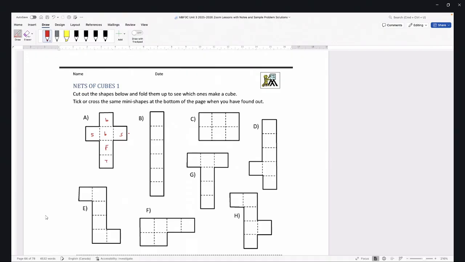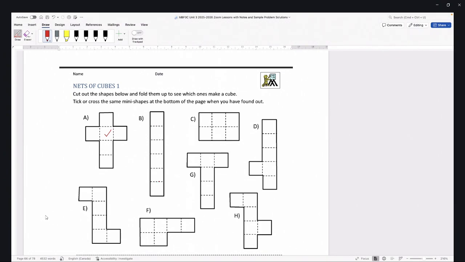So if I fold it up, fold it up, fold it up, fold it up, and then flip the top part over top of the bottom part, now we have a cube. So in this particular one right here, I can check this one off. Actually, I should have left it there, but this one can and will form a cube.